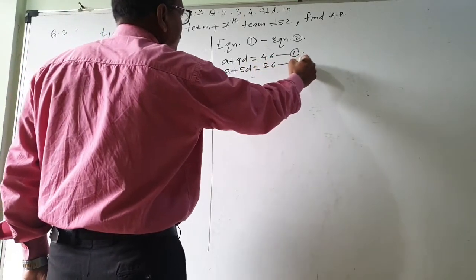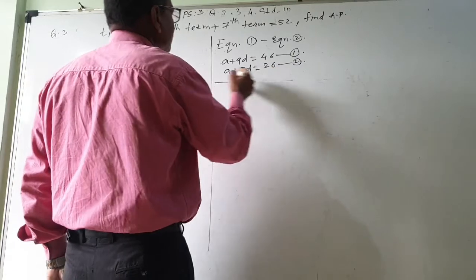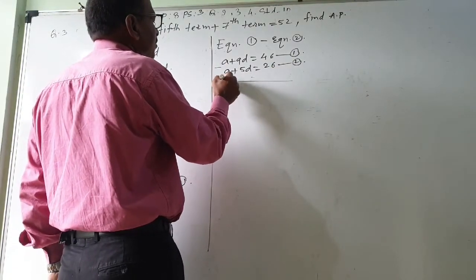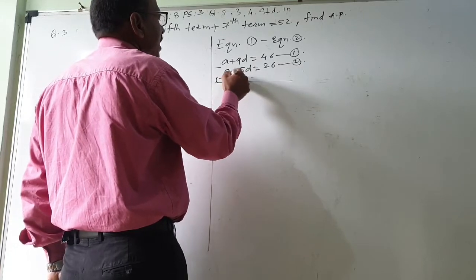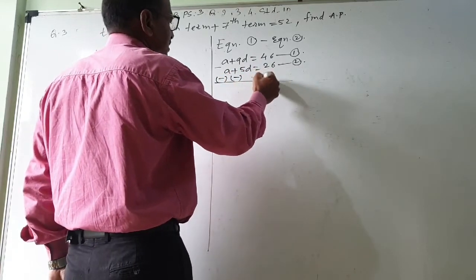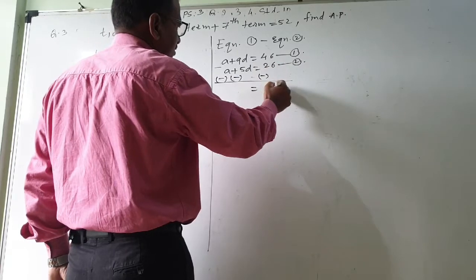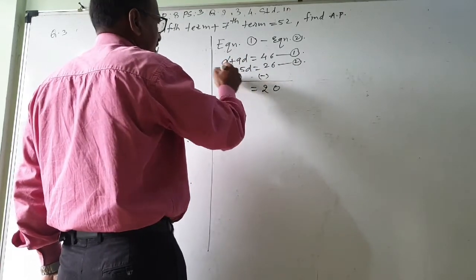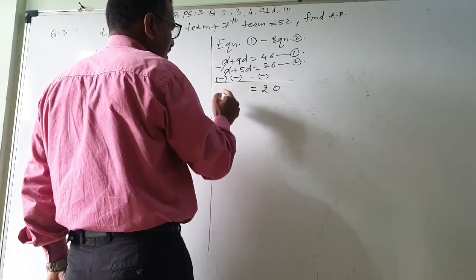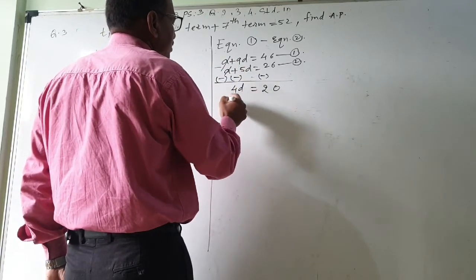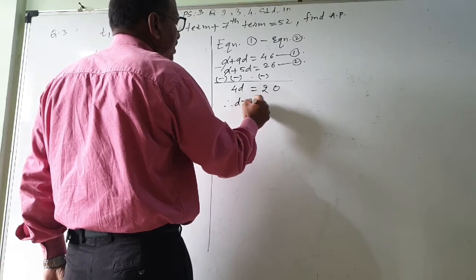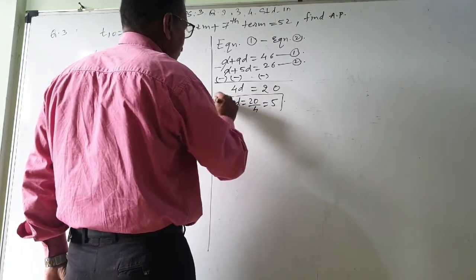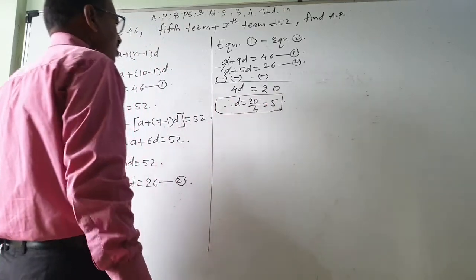I am subtracting, so I will give the minus sign here. This is plus, it will become minus. That is equal to 46 minus 26 is 20. And a minus a cancels. And 9d minus 5d will be 4d. Therefore, d is equal to 20 upon 4, that is equal to 5. This is your one requirement, d you have got.